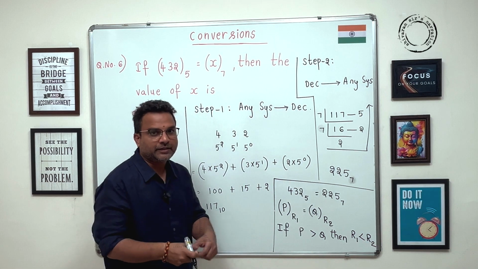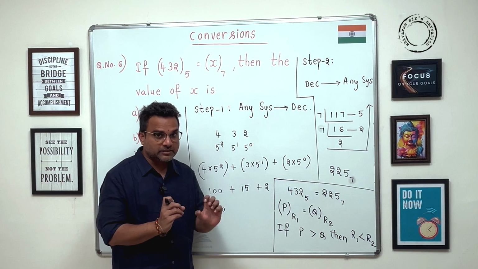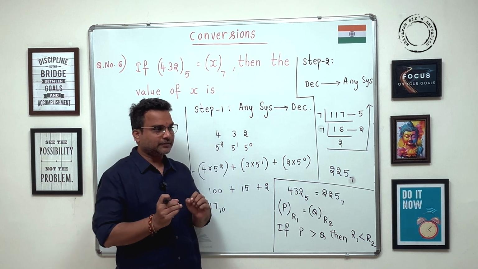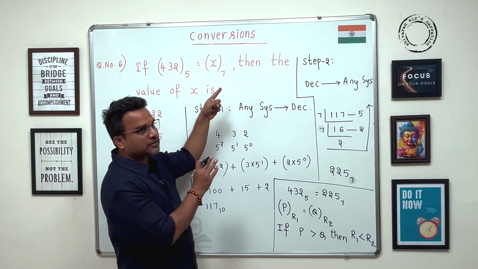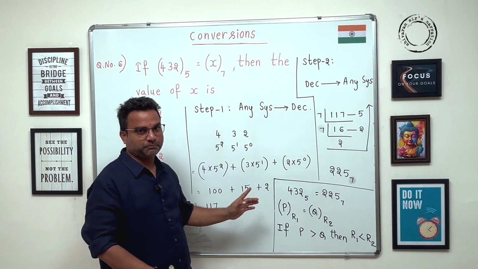That's it. The higher value has the lower radix. In this way, at least you can guess from the options. Okay, guys, this is about any system to any system conversion by using the two-step procedure.